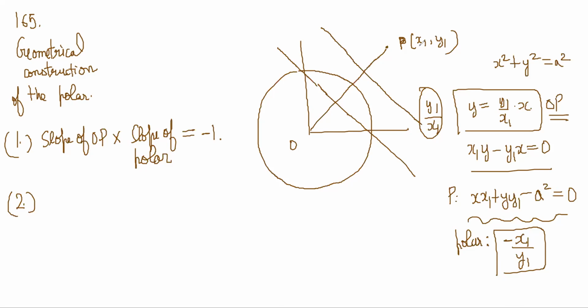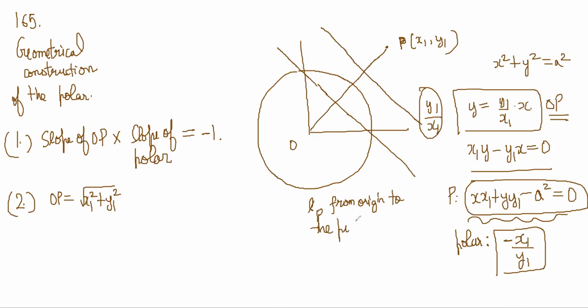So the length OP is equal to root over x1 square plus y1 square, that we know. And the perpendicular ON from O upon the polar: we already know the equation of the polar, so we can say what is the length of the perpendicular from the origin to the polar line.